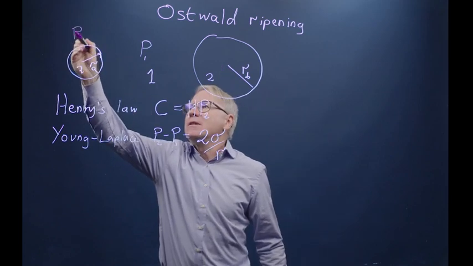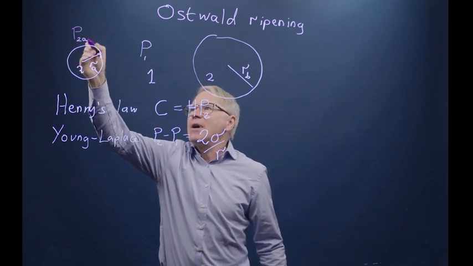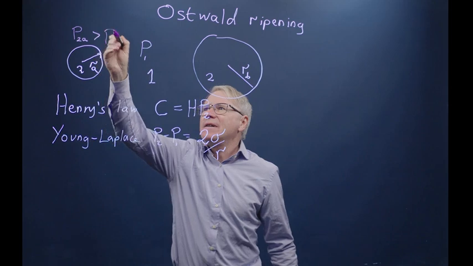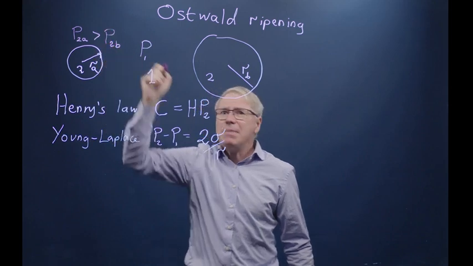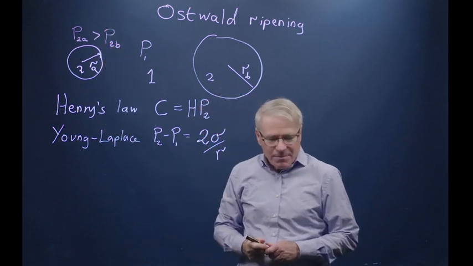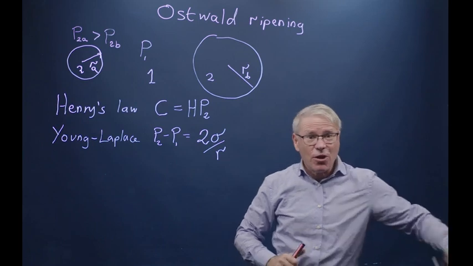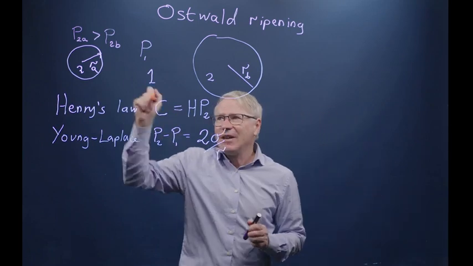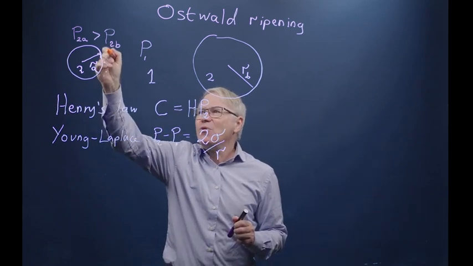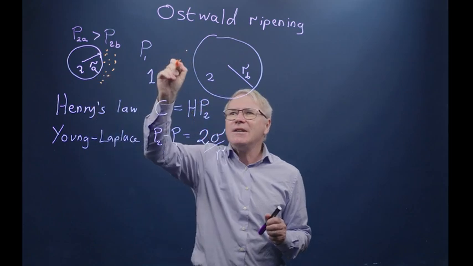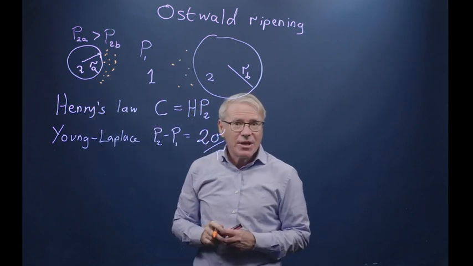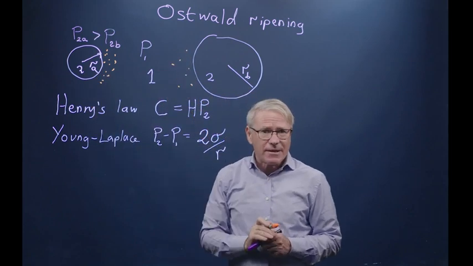So P2 for bubble A is greater than P2 for bubble B. So this means now, if we consider dissolved material, which I'll give with a different colour here, there's more dissolved material here than here. So there's a concentration gradient.